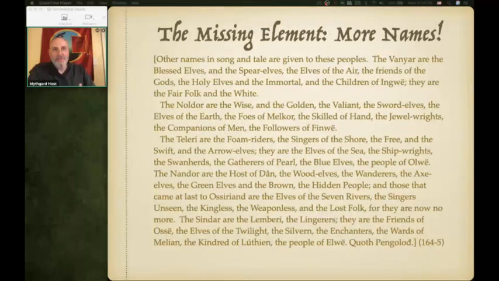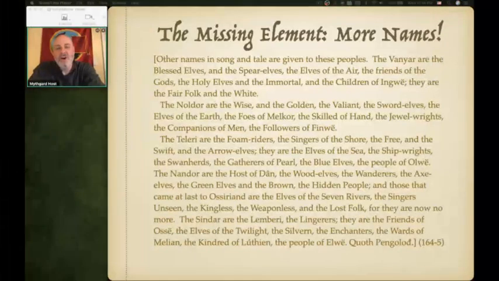As he's going through and revising the Quenta, looking back over the Quenta Silmarillion, Tolkien thinks to himself, I know what is missing, right? I know what will make this the most compelling and unforgettable work that anyone has ever read. There aren't enough names, right? We need more names, longer catalogs. That's what it was missing.